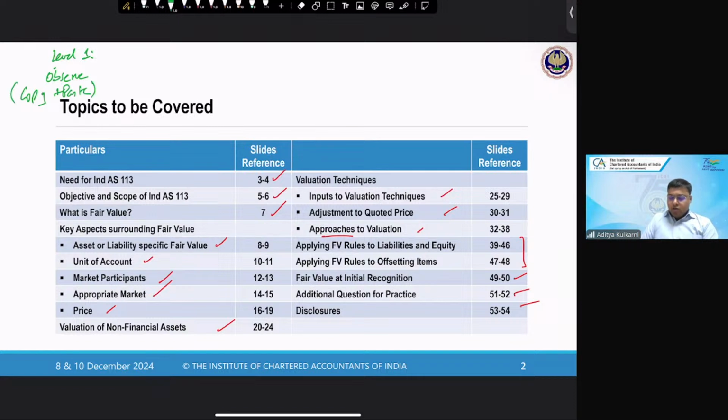You take a value, just paste it in your fair valuation, that becomes a level 1 input. Level 2 is observe plus adjust, it will be copy plus paste plus adjust. There is an observable input, but you need to make certain adjustments.